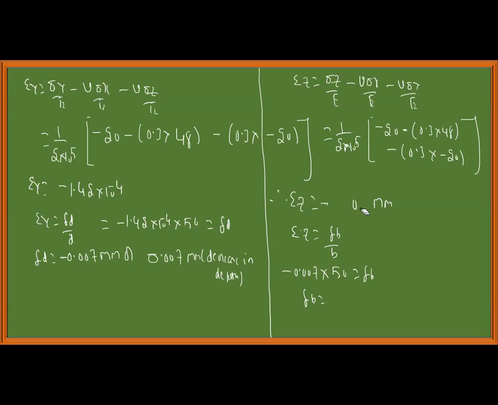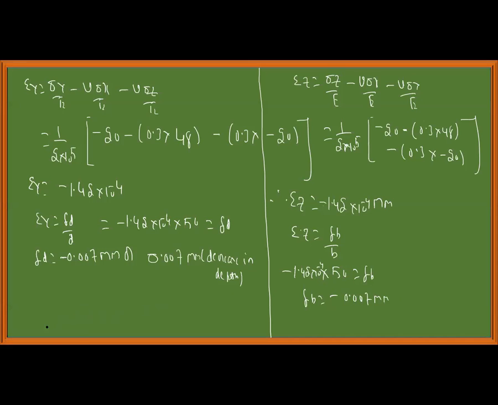Minus 1.42, right? Yes, sir. Minus 1.42 into 10 power minus 4, or delta b is equal to minus 0.007 mm. This is also a decrease in dimension.